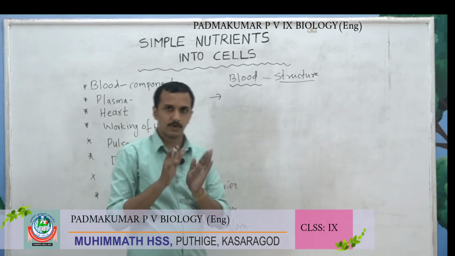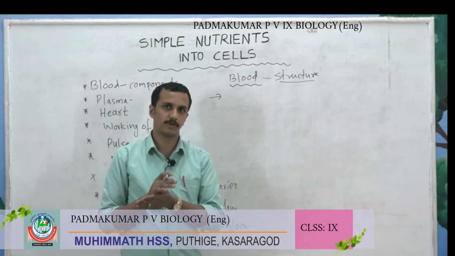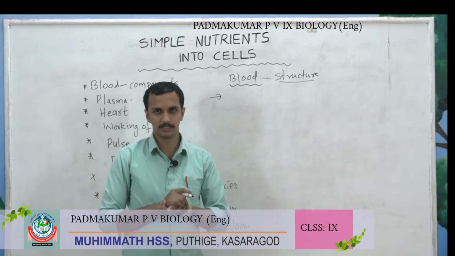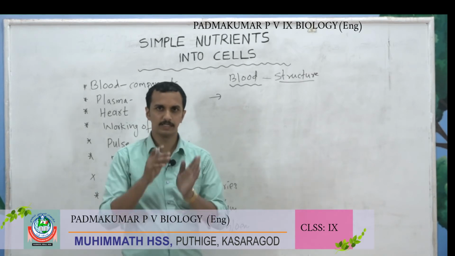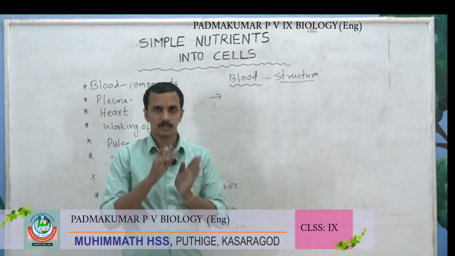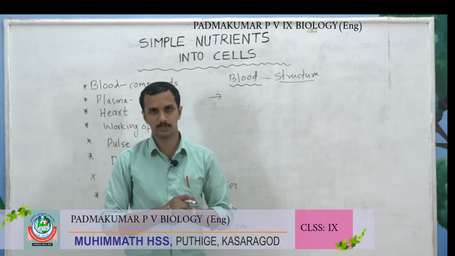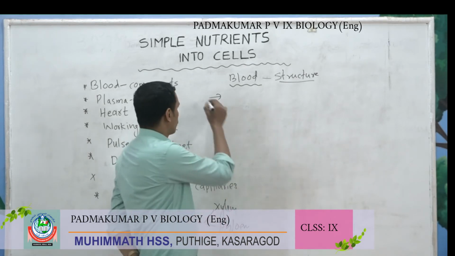So you may be knowing some details, some news or some idea about blood, isn't it? Usually human blood is very dark red in color. Human blood contains two important components.